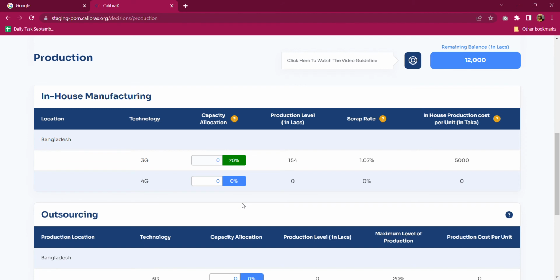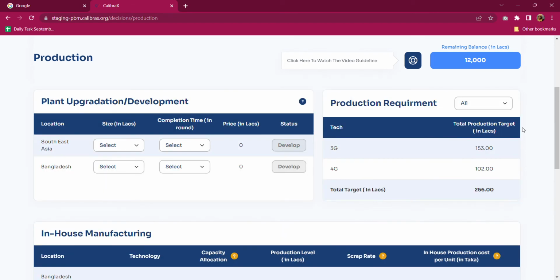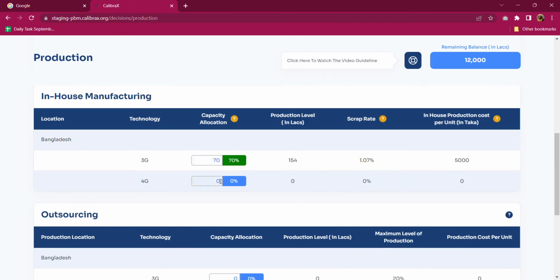So let's say 70% is the final. Then the 4G is 102. Here we are saying that we have already manufactured 70% of the capacity, so we cannot go more than 30%.